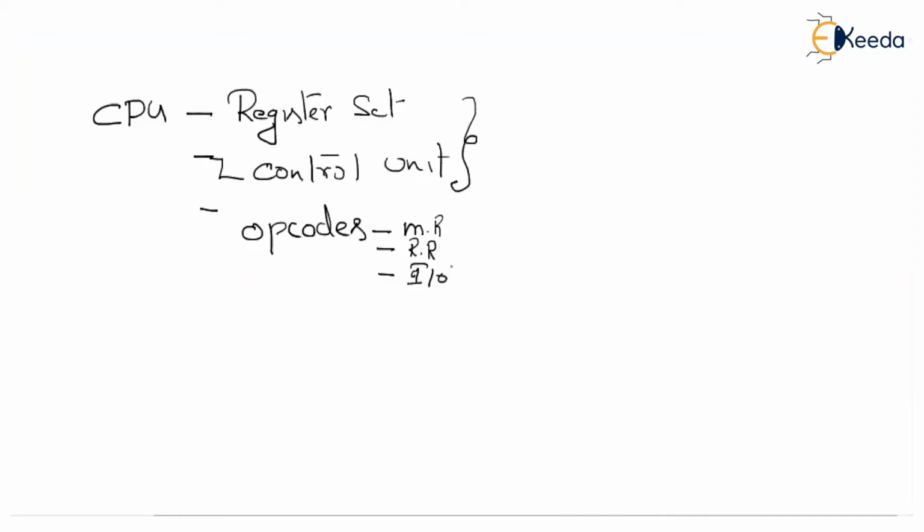Now, the final entity that is needed to be designed in this case of the CPU is ALU. Now, what is ALU? What is going to be performed in the ALU? Of course, as you know, the ALU is arithmetic and logical unit.